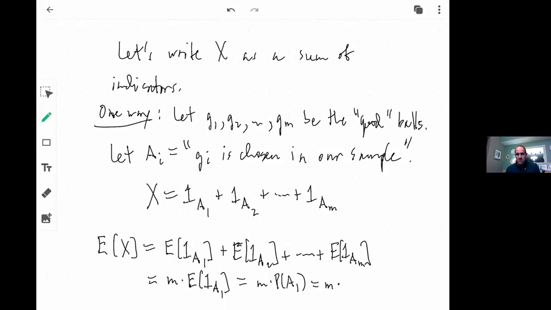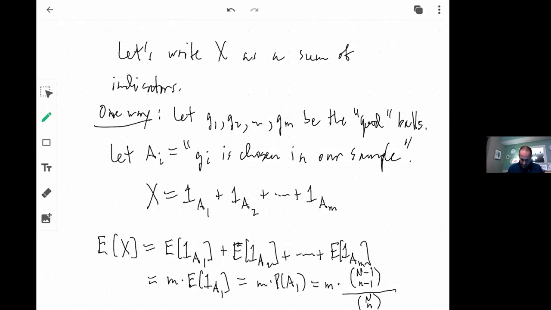Remember, the probability of A1 means that the first good ball was chosen. So I'm just going to have to multiply this by capital N minus 1, choose little n minus 1, over, right? Why? Because that's how many balls I have to select and the number that I have to select from, and the total number of samples of size n is given by that, okay?